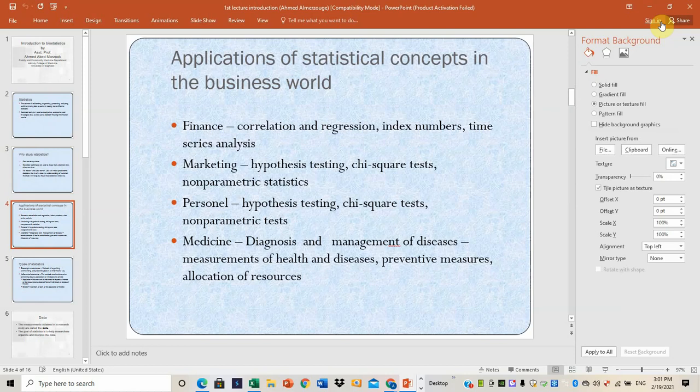In medicine: diagnosis and management of disease, measurements of health and disease, preventive measures, and allocation of resources. All of them need statistics.